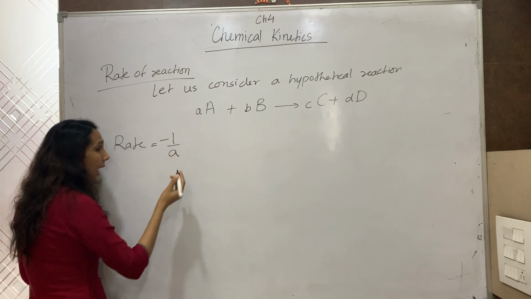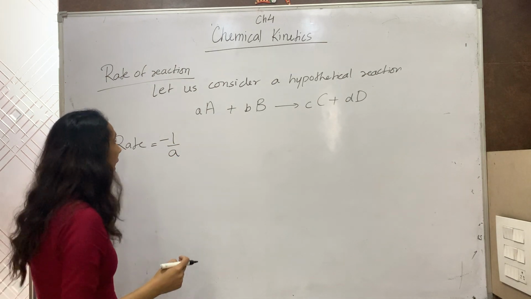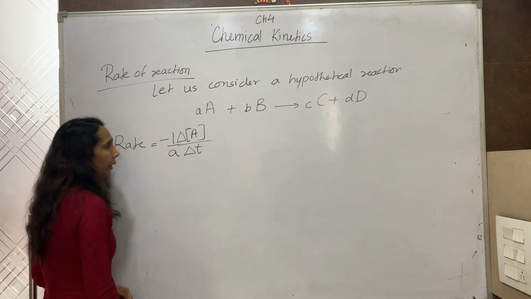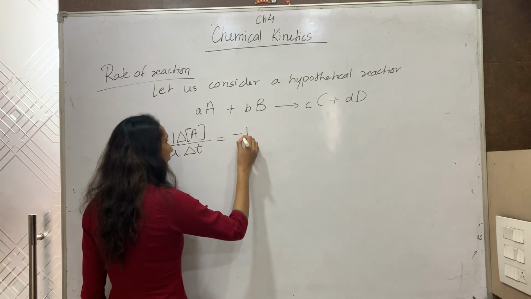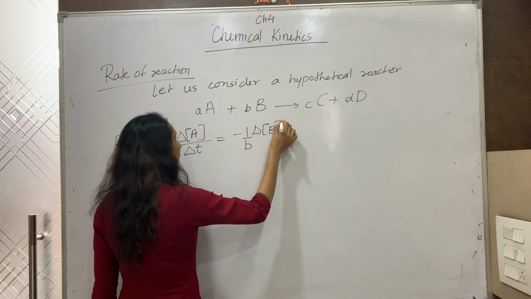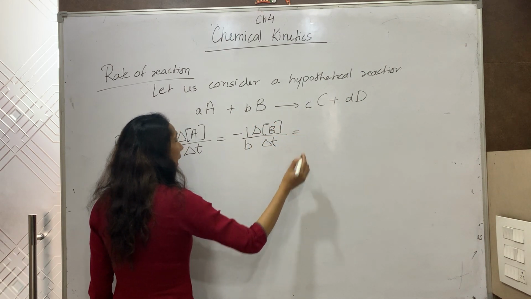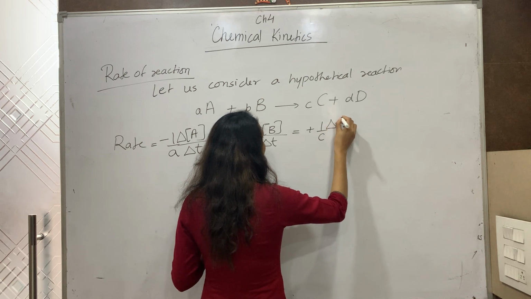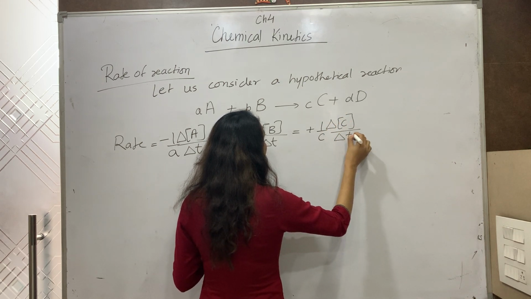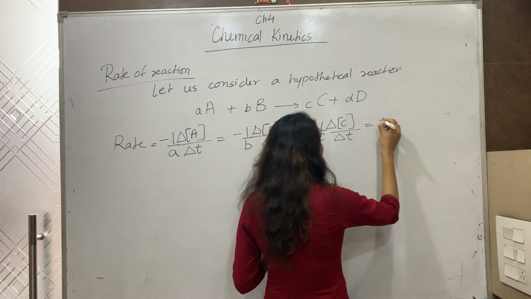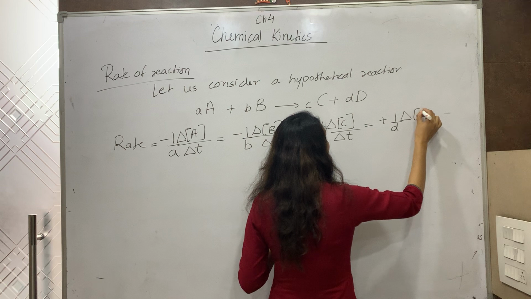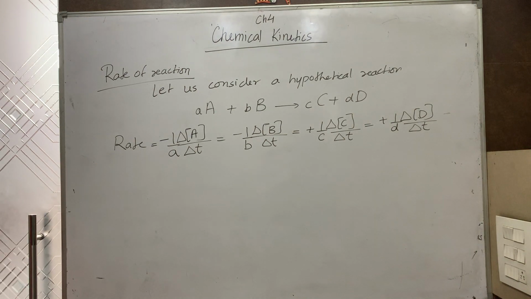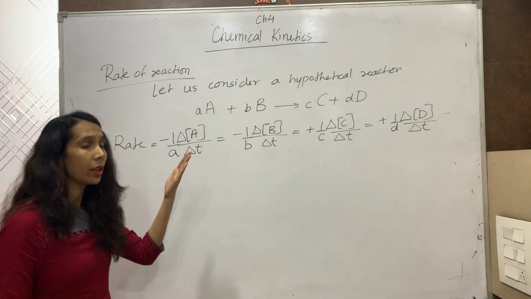The stoichiometric coefficient, as we had done in the earlier session, will come in the denominator: minus 1 by a, delta A by delta T. In terms of B, minus 1 by b, delta B by delta T. In terms of C, we can write plus 1 by c, delta C by delta T. And in terms of D, plus 1 by d, delta D by delta T. So this is the rate of reaction in terms of reactants and products.